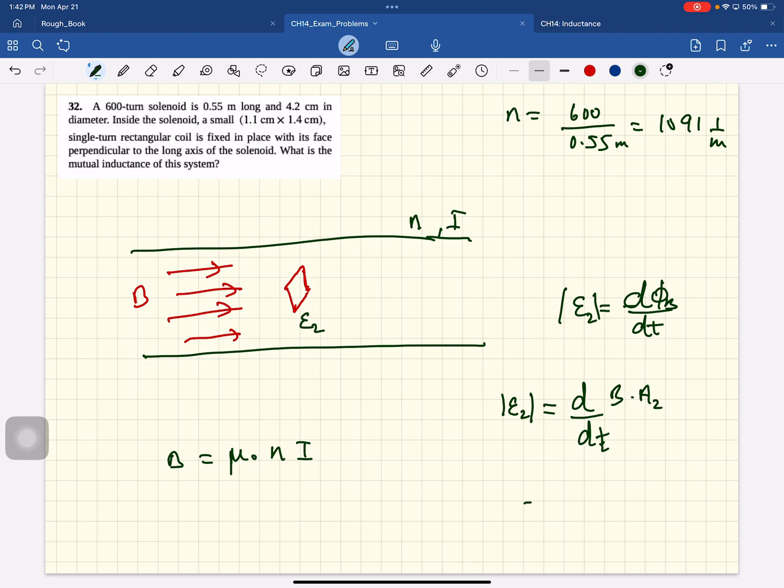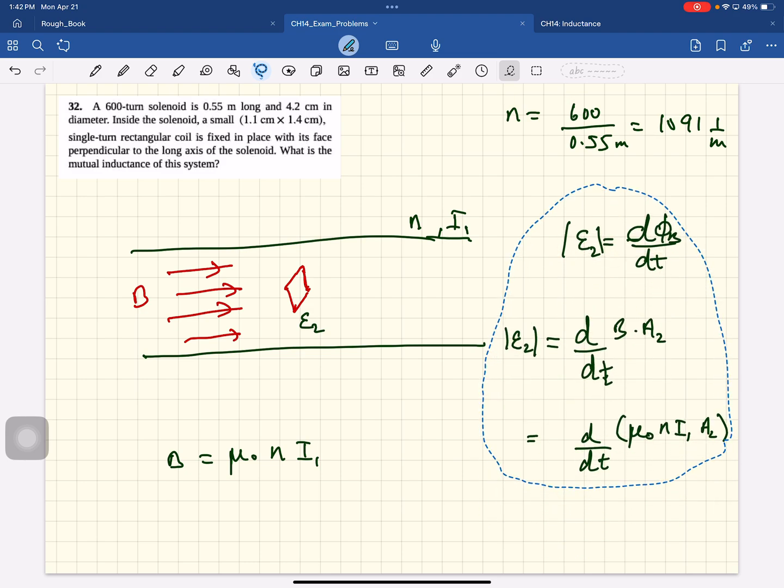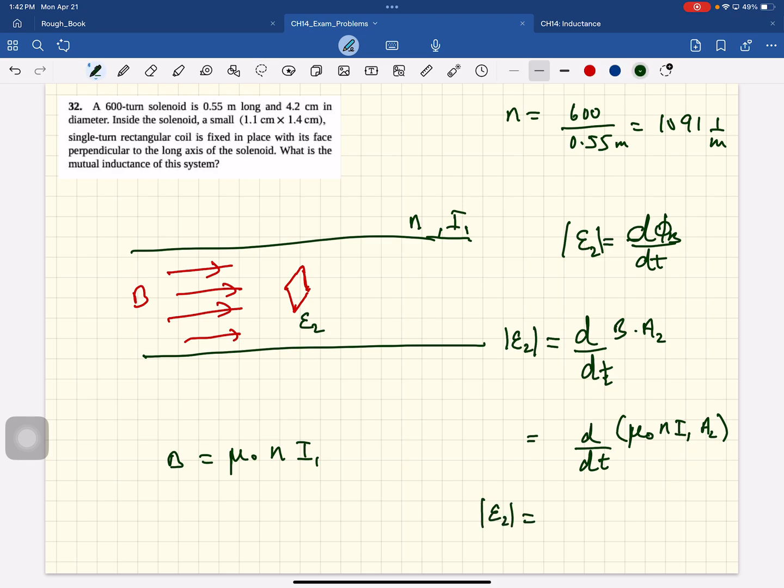And so d by dt of mu naught n current in coil 1 times area 2. So the magnitude of induced EMF is mu naught n area 2 dI1 by dt.